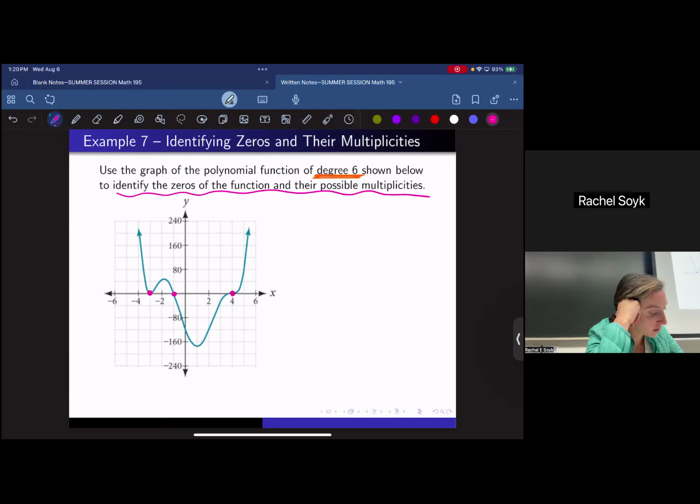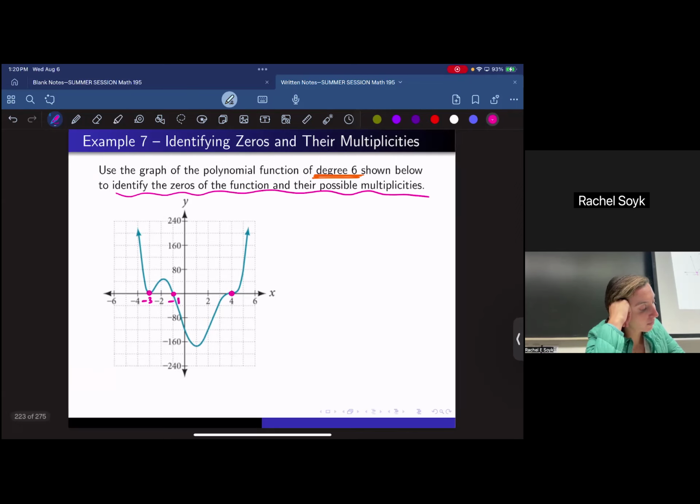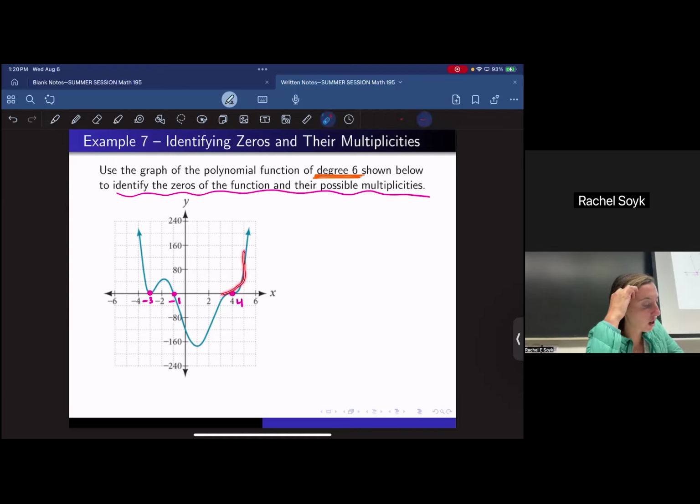And so we have -3, it's bouncing off. At -1, it shoots straight through. And then at 4, it also shoots straight through, but the direction is changed. So this sort of looks like an odd degree, whereas this one just goes straight through.